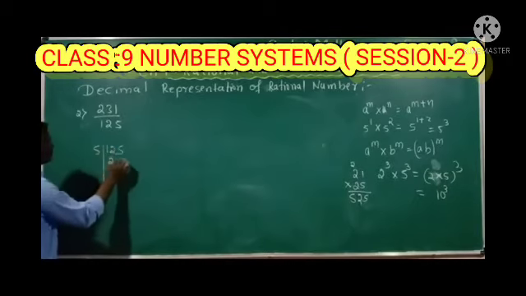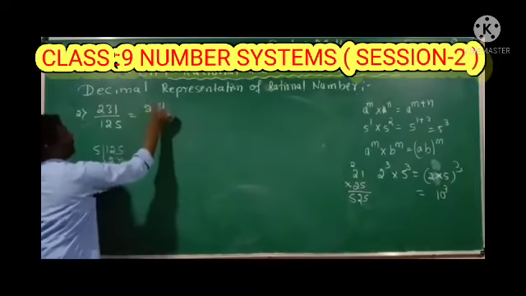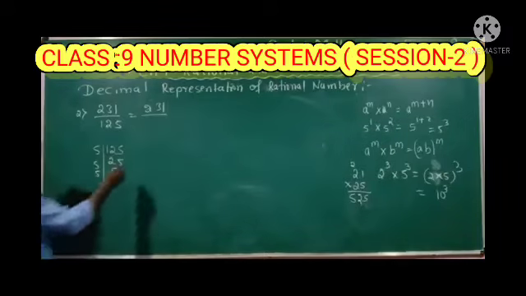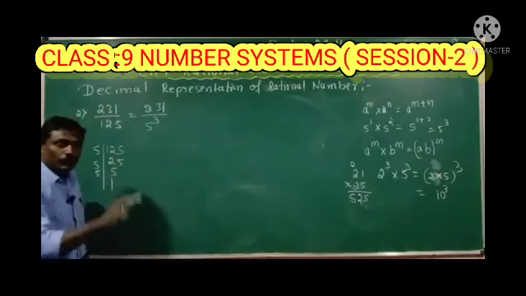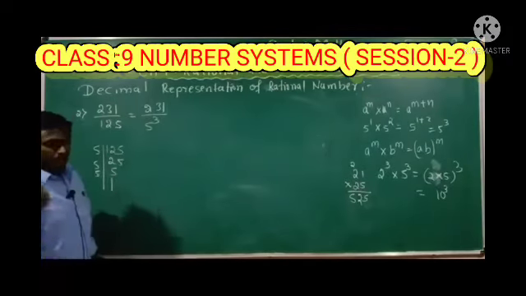5 25s are 125, 5 5s are 25, 5 1s are 5. So 231 divided by 125 can also be written as 5 cube. So if it is in the form of 2 raised to n or 5 raised to m, it is obviously a terminating value, right?